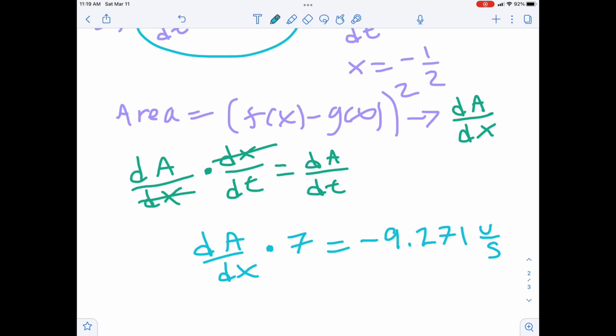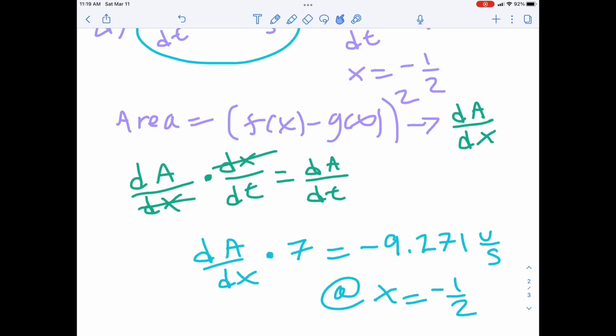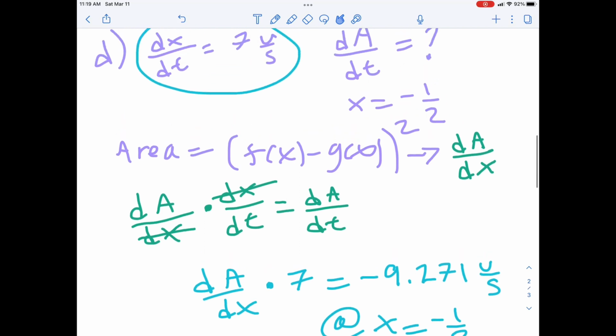And so that is the rate of change of the area of this cross section at x equals -1/2. Again, if you're not sure how to find a derivative or a rate of change on your calculator, I do have a video on that, so definitely check that out.